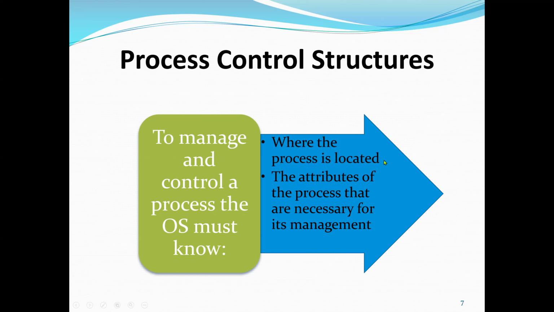So the attributes will be such as process ID or the process state, etc. So again, to manage and control a process, the operating system must know where the process is located, the location. Also, what are the attributes of the process, such as the process ID, process state, and the memory address where the process is located, etc.